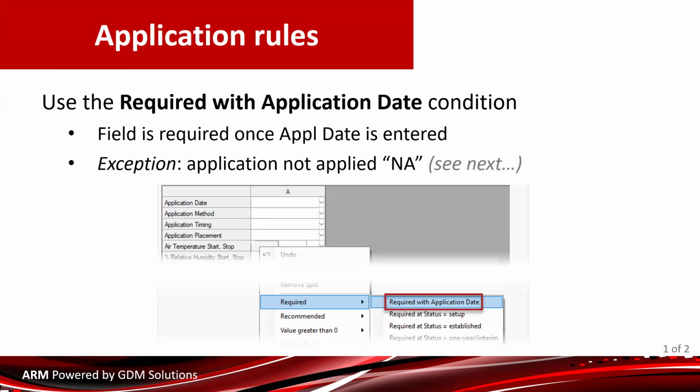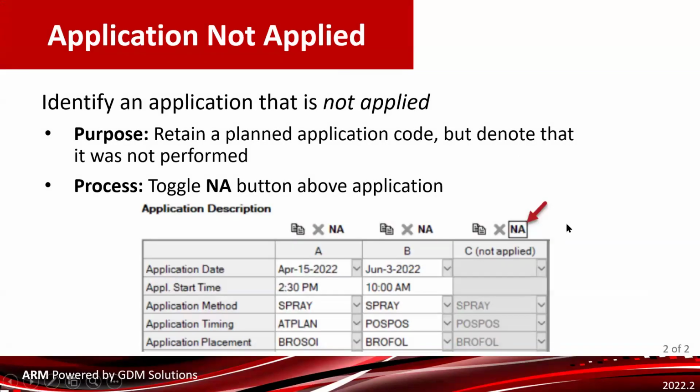So just like in the assessment, where the rule only kicks in once data has been entered, in an application, as soon as the application date is filled in, that's the trigger that, oh, this application must have occurred. Now this information needs to be filled in. I want this documented when the application is performed. And the only time that a rule like that won't be required is if the application does not occur.